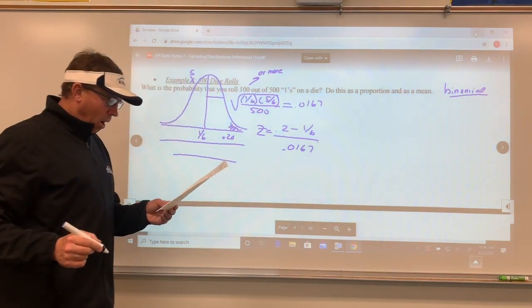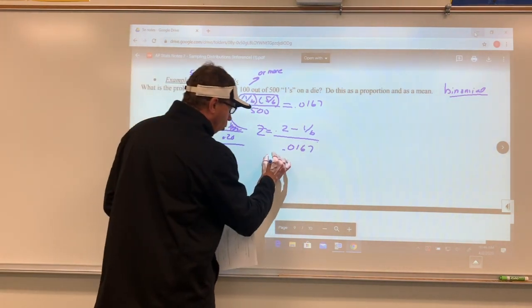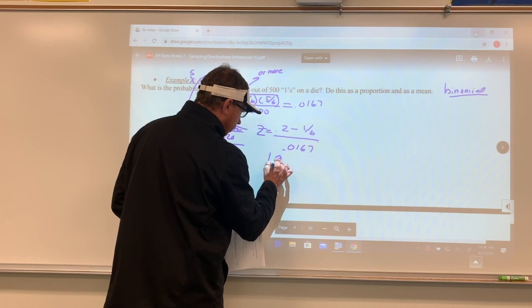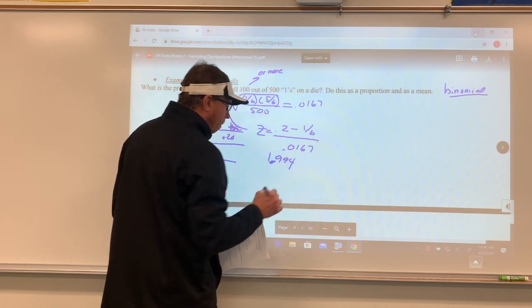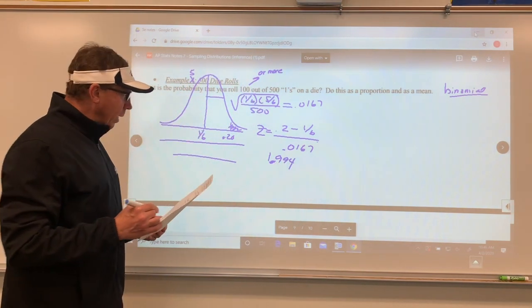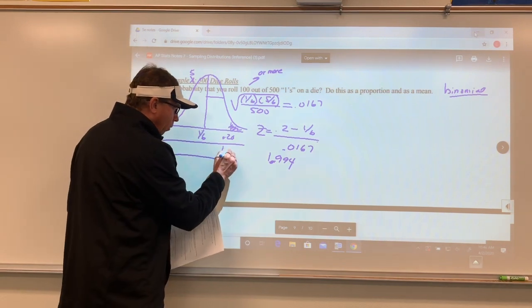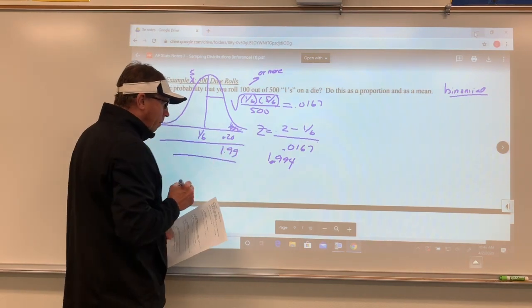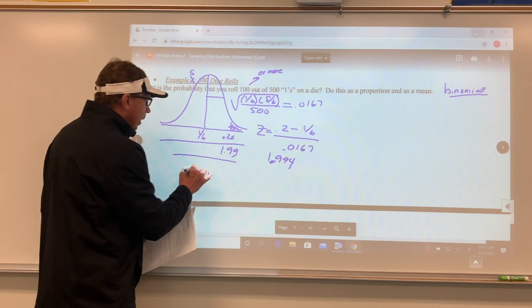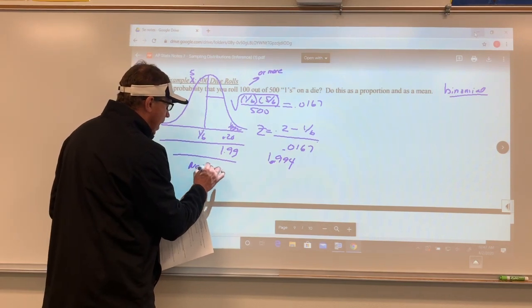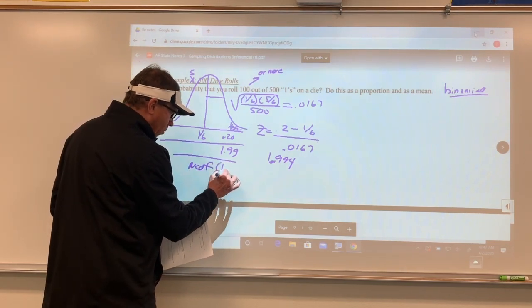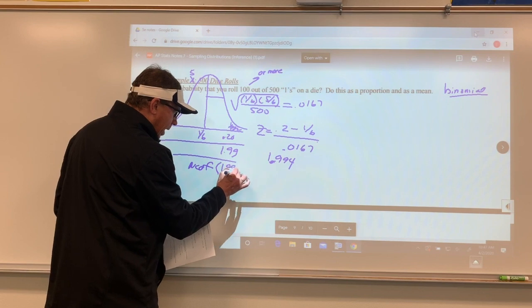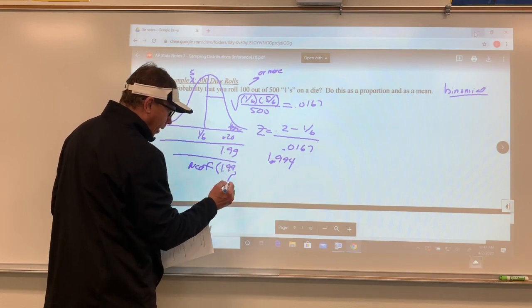And that comes out to 1.994. I forget what I typed in when I did this, but I'm going to go ahead and round to 1.99 for my z-score. And then I'm going to go NCDF. I'm going to type in 1.99, comma, okay?